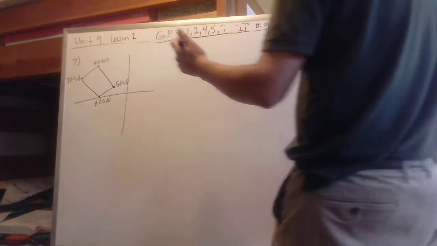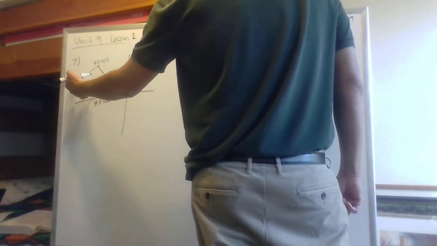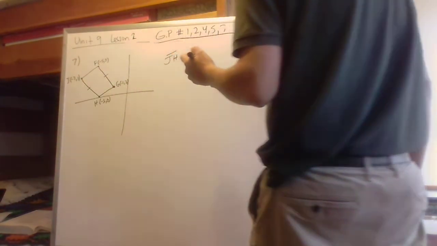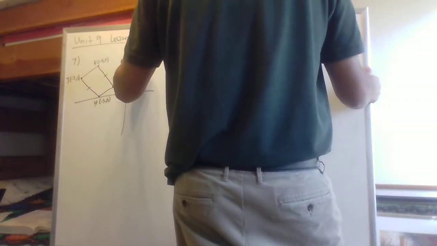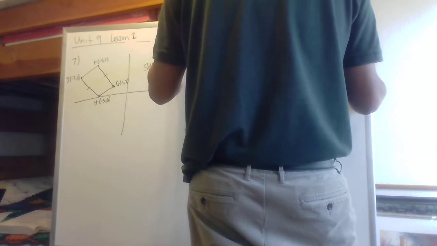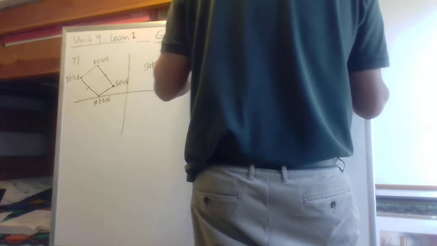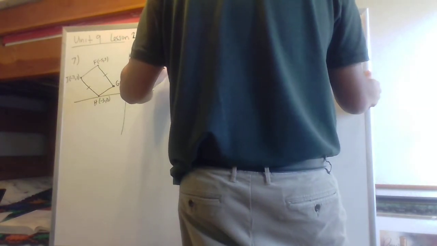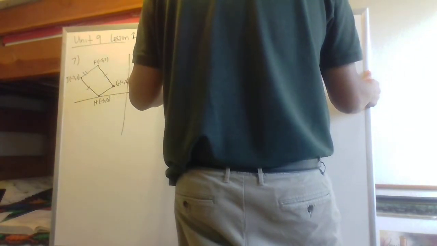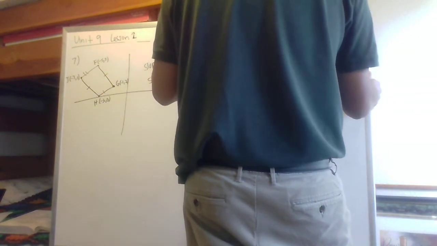So essentially what we need to do is determine if the slopes of sides JH and FG are congruent, and then we need to determine if the slope of JF is congruent to the slope of HG.